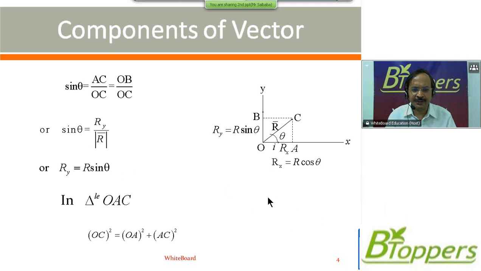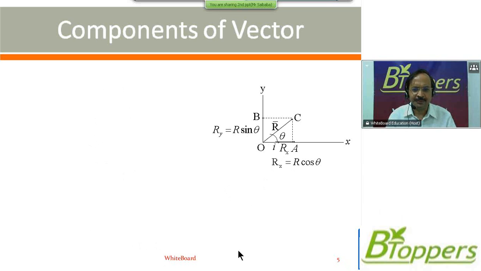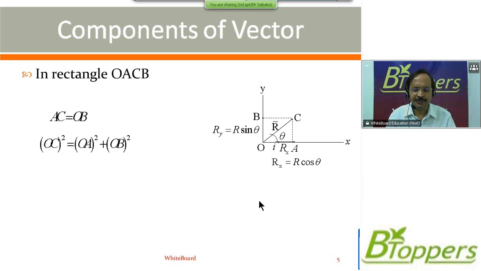The same triangle again OAC, if you apply Pythagoras theorem, you can write OC square equal to OA square plus AC square. In the rectangle OACB, length of side AC is same as length of side OB. So the Pythagoras theorem I have written previously, OC square equal to OA square plus AC square.